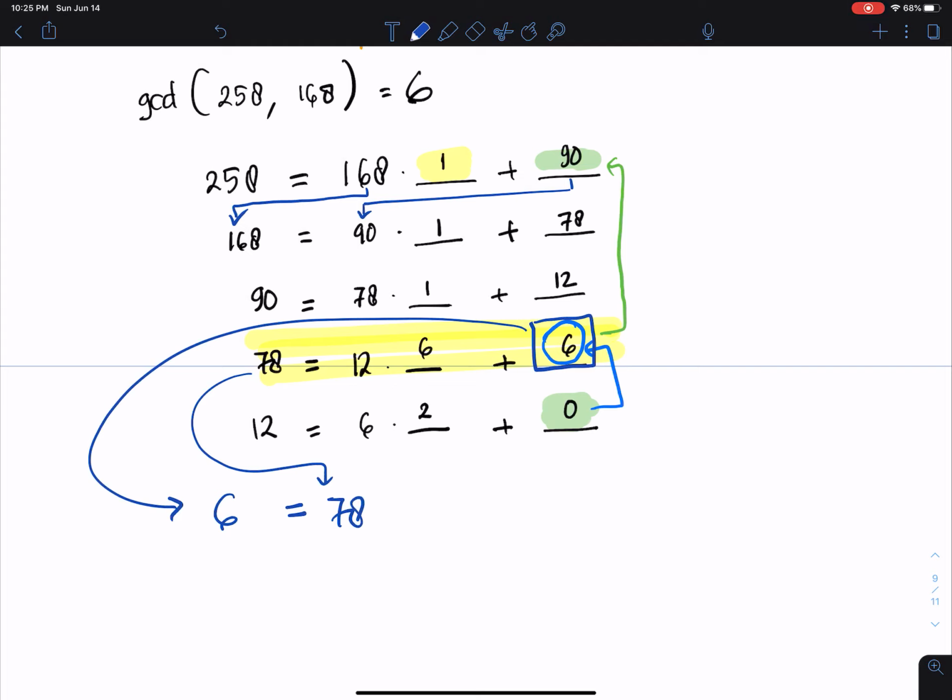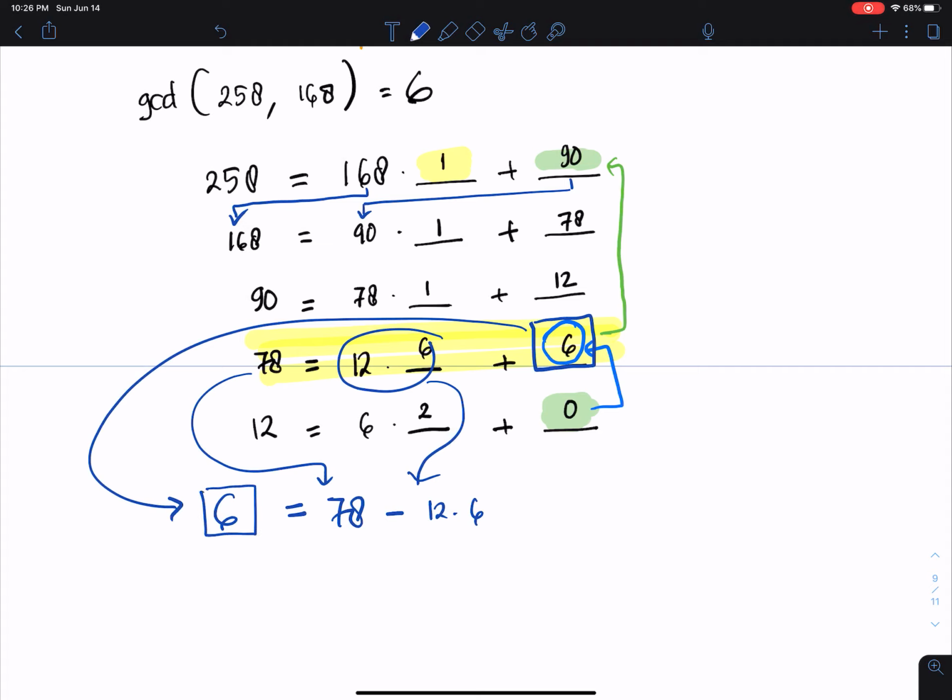And I'm going to move this one to here. So that will become minus. Why become minus? Because supposed to be 12 times 6 is one side with the 6 that we move over here, right?